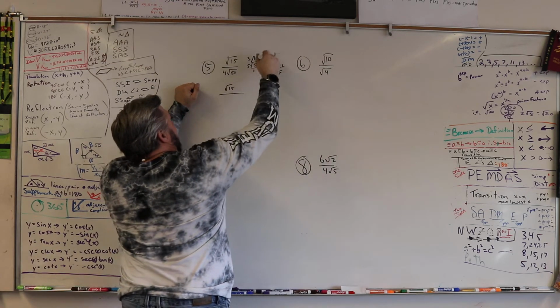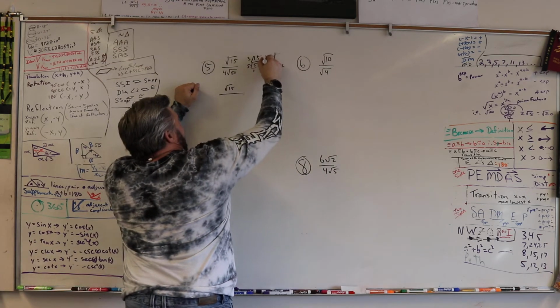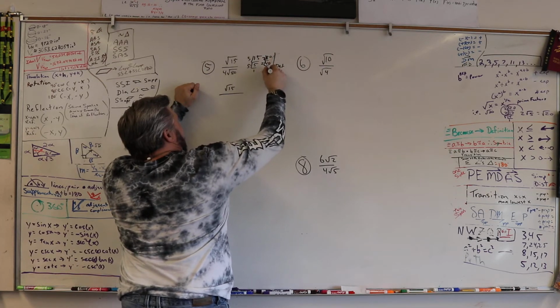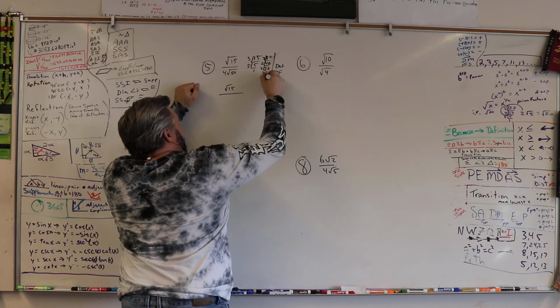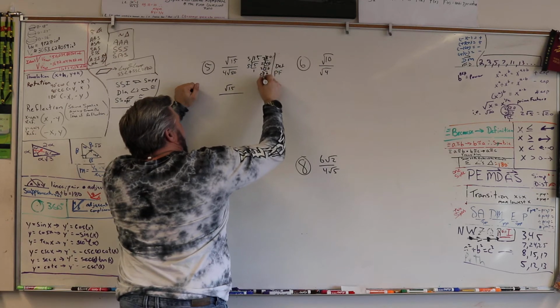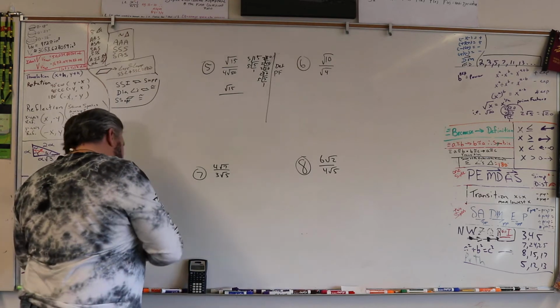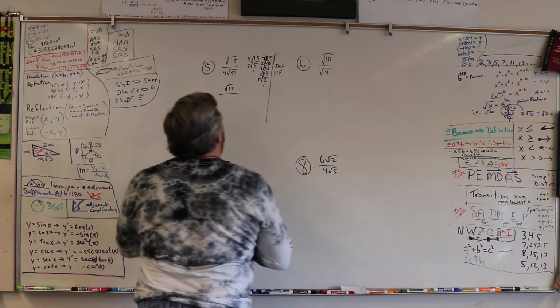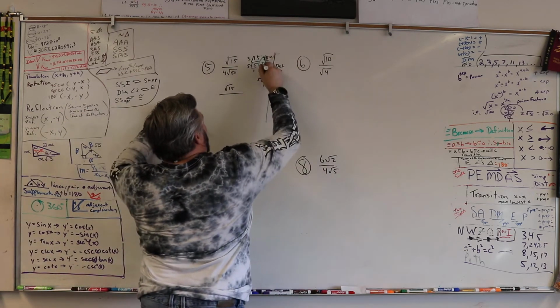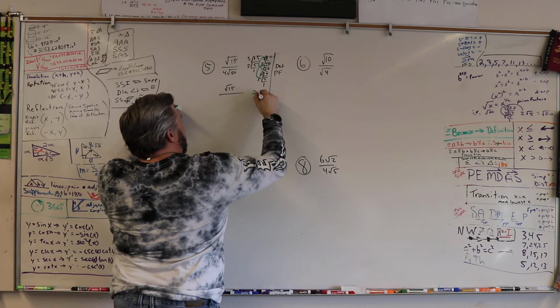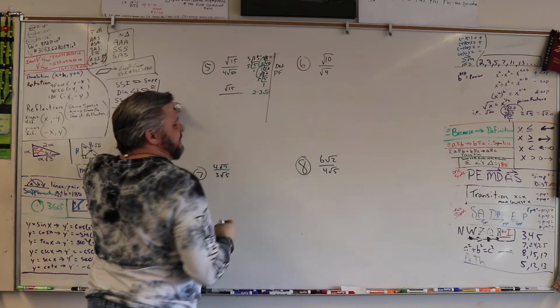Okay, so we're going to break down the 80. 2 goes into 80, 40 times, 2 goes into 40, 20 times, 2 goes into 20, 10 times, 2 goes into 10, 5 times, 5 goes into 10 once, right? And so let's look at how many pairs there are. Here's a pair of 2's, and here's a pair of 2's. So that means we have 2 times 2 times the square root of 5.